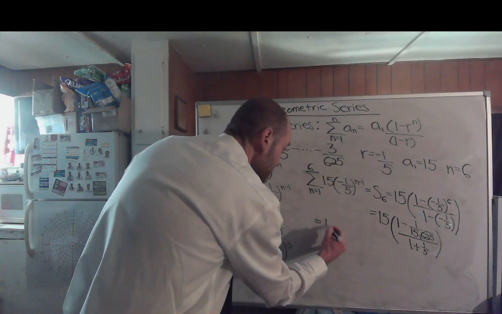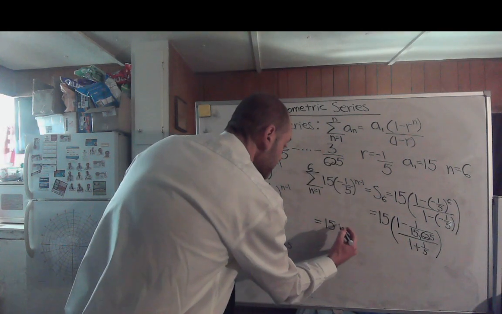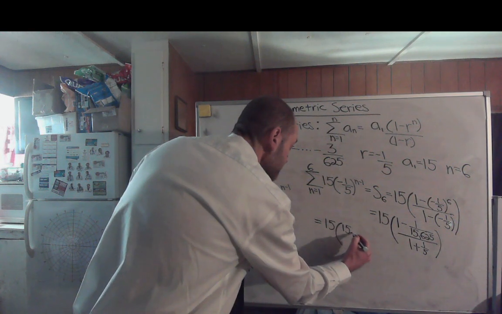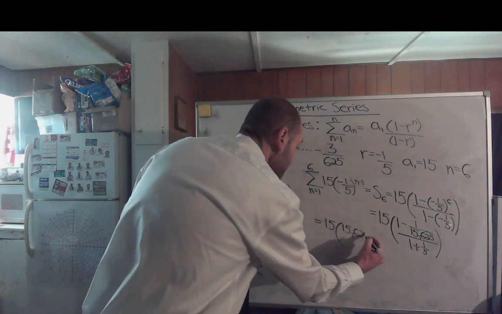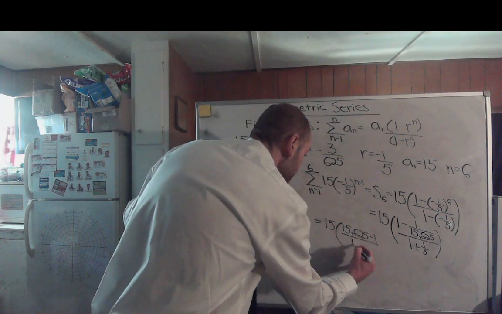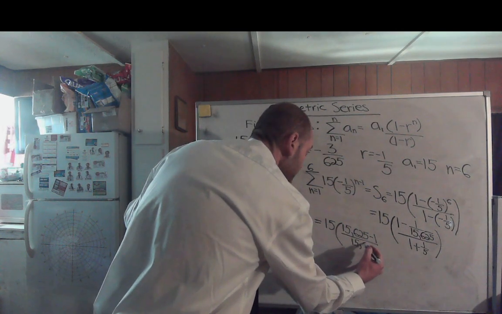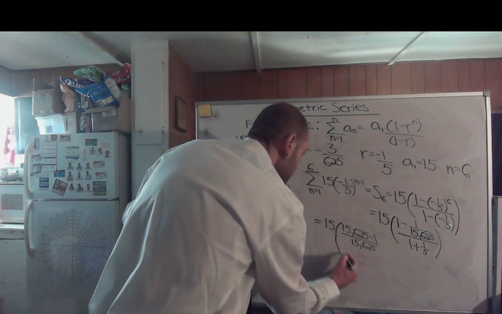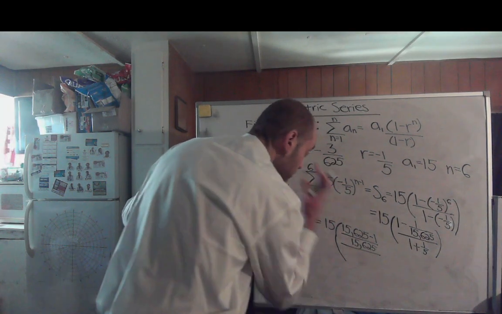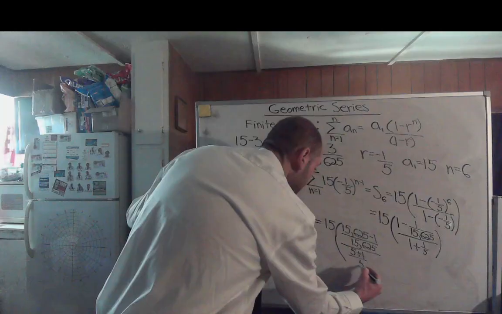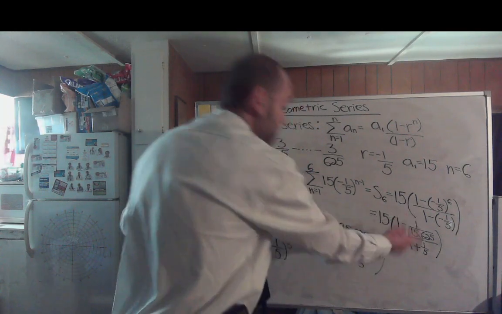This is not going to be nice at all, which would equal 15 times 15,625 minus 1 over 15,625 all over 5 plus 1 over 5 when you simplify the numerator and denominator.